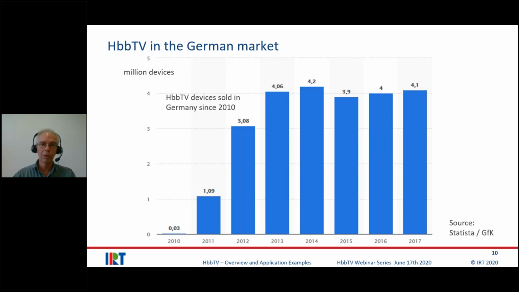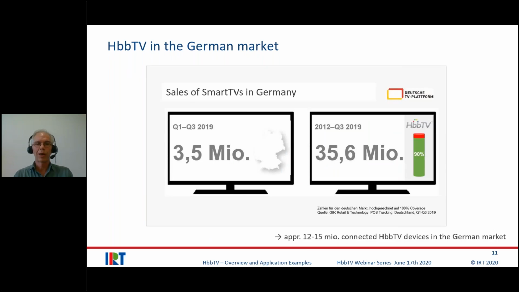So practically all smart TVs sold are HbbTV, and all the sales have accumulated up to some, at least over 30 million devices in Germany.